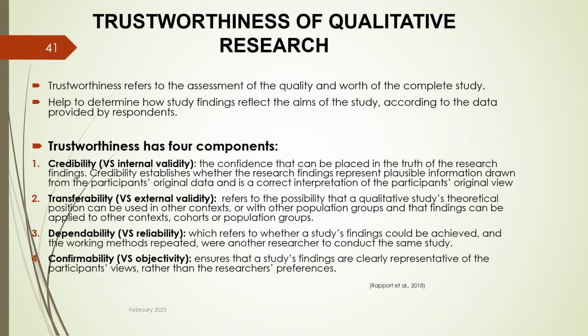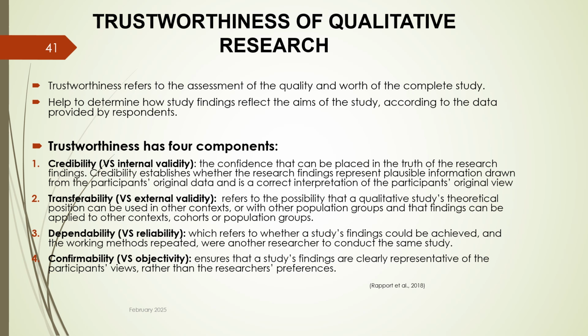So transferability is how the qualitative researcher demonstrates that the research study findings are applicable to other contexts. In this case, other contexts can mean similar situations, similar population, and similar phenomena.